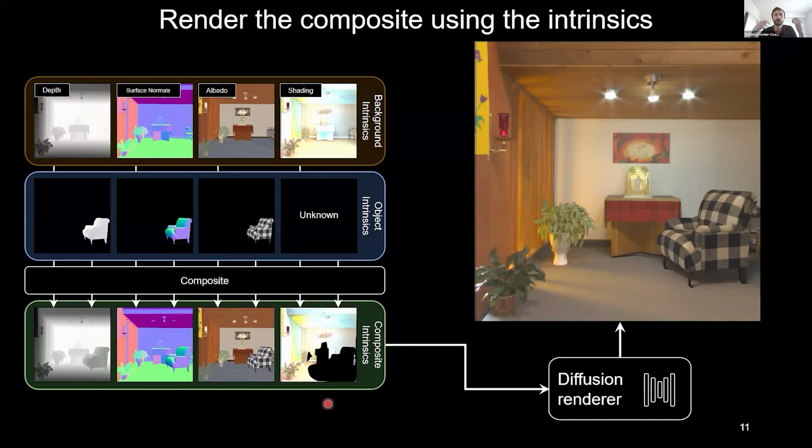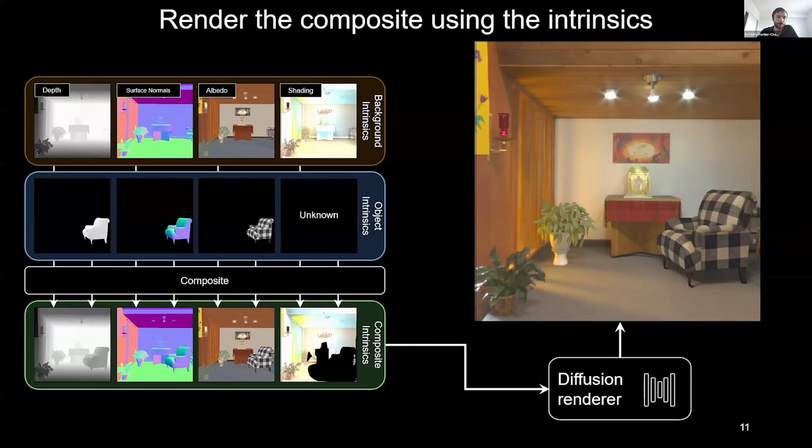So this is lighting related, so we mask out a part of the shading map. And then we feed all of this to the diffusion renderer model, which is trained on many synthetic or real scenes. And it gives us a realistic render such as this one.